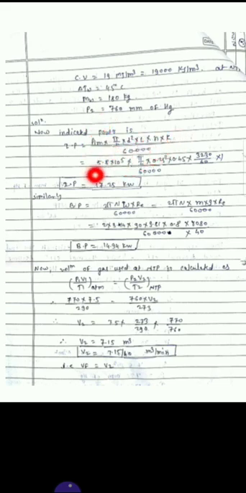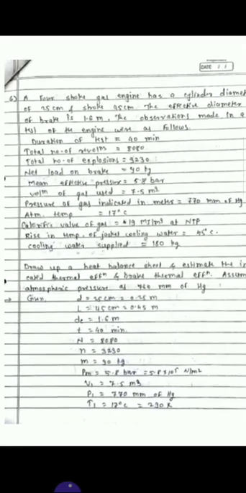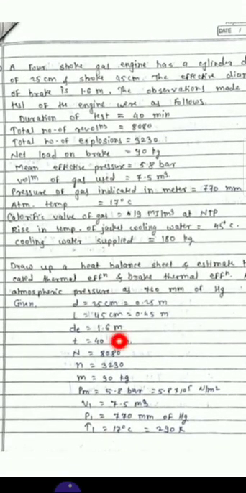PIM is 5.8 into 10 raised to 5, pi by 4, D is known to us, L is known to us, small n is given here as 3230. But we have to consider this small n per minute, because this value of 3230 is for the 40 minutes. So we have to consider it for 1 minute.